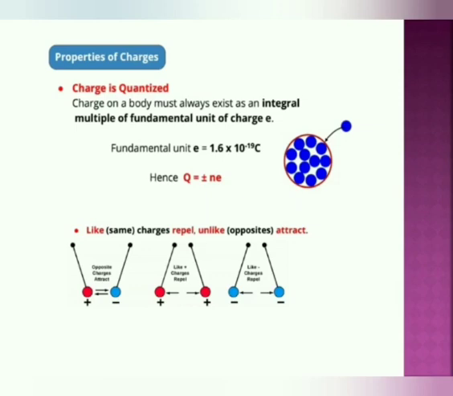For example, protons and neutrons are made by the combination of 3 quarks. But they are an exception, as quarks never exist independently.